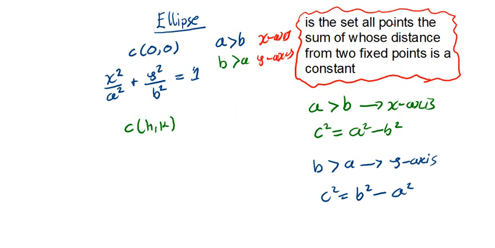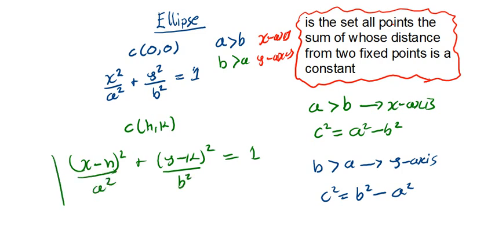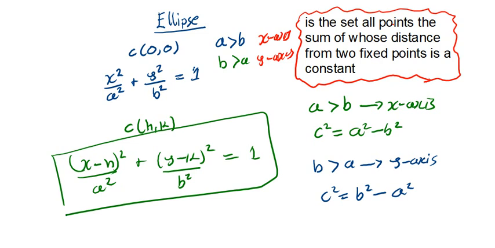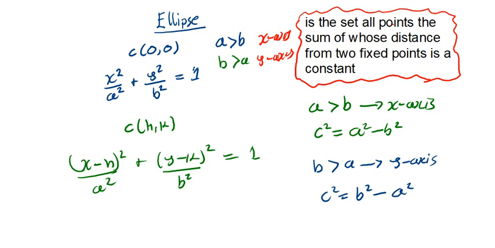Your standard equation, if I use this one as the example, is going to be x minus h squared divided by b squared plus y minus k squared divided by a squared equals 1. So this one is our standard equation if the center is not at the origin. Are we okay there?